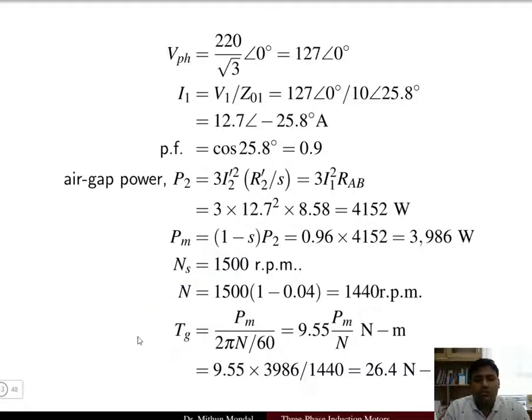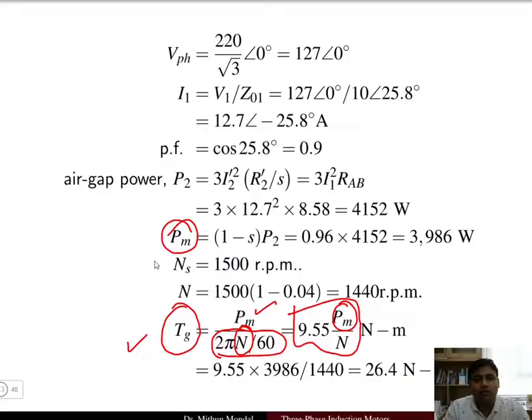So the gross mechanical torque that is developed in the rotor is basically PM, that is the mechanical power, divided by 2 pi N by 60, where N is the actual speed of the rotor. This can be written as 9.55 PM by N. So we substitute the value of PM that we have got, the mechanical power, and the actual speed of the rotor, 1440 and 3986, in the equation of the gross torque, which gives you 26.4 Newton meter.